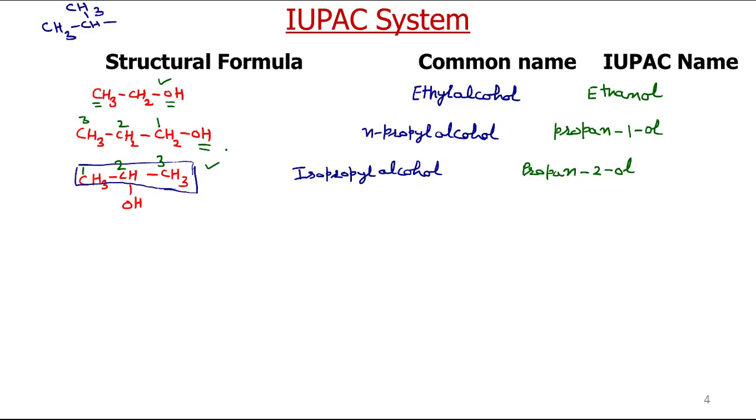Now similarly we will write the common name and IUPAC name of monohydric alcohols if we have 4 carbon atoms. So what are the different possibilities we will write? First I will write the structure, then I will write the name. The first possibility is CH3 CH2 CH2 CH2 OH.